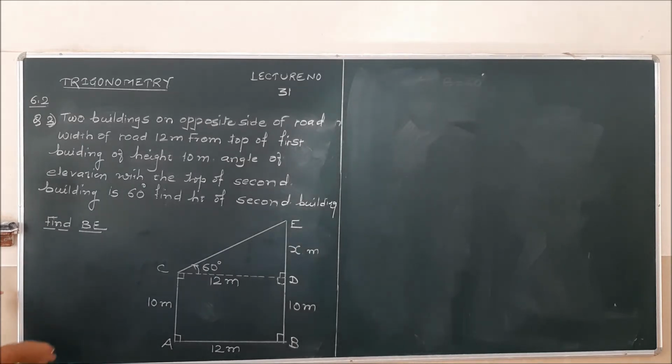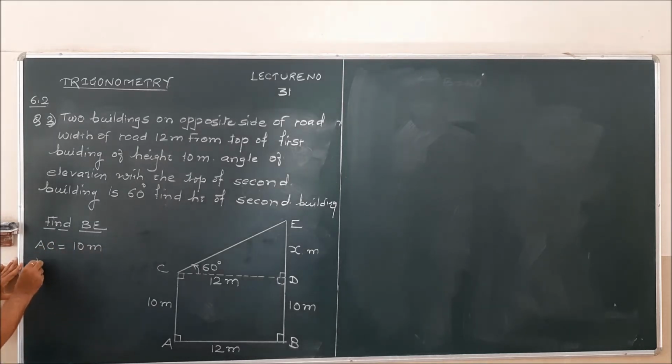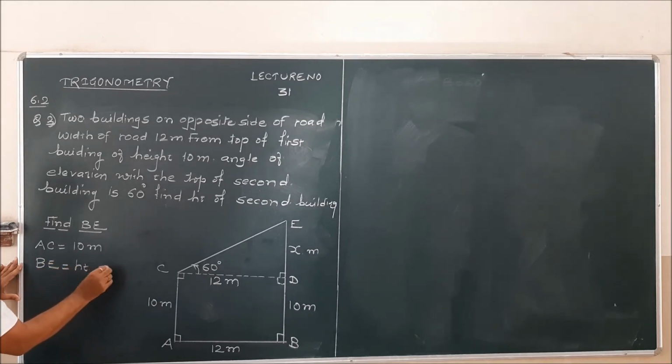We know DB already. So now let's take the description of the figure. First, AC is equal to 10 meter. Then BE is the height of the second building.